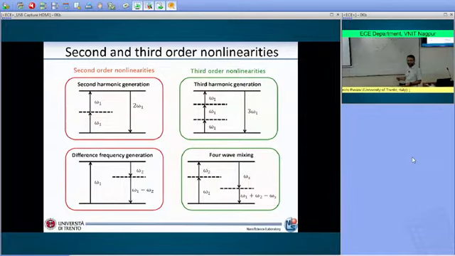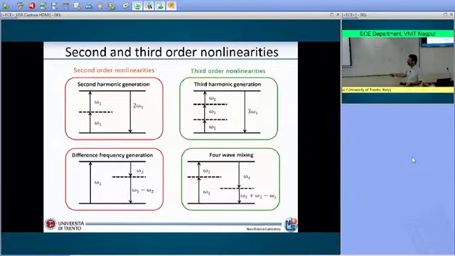And this process is called third harmonic generation. Harmonic means high-order harmonics. Okay? So if those photons are characterized by a wavelength, let's say, of 1 micron, this photon has a wavelength of 0.3 micron.